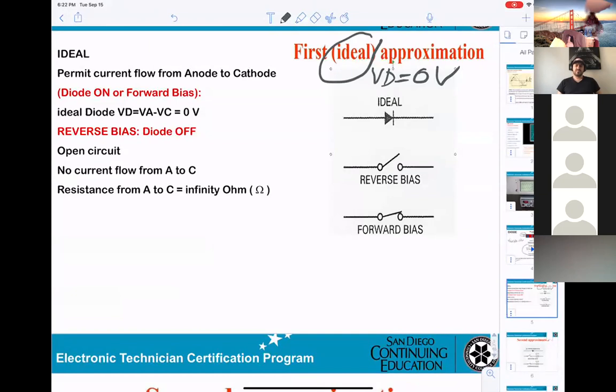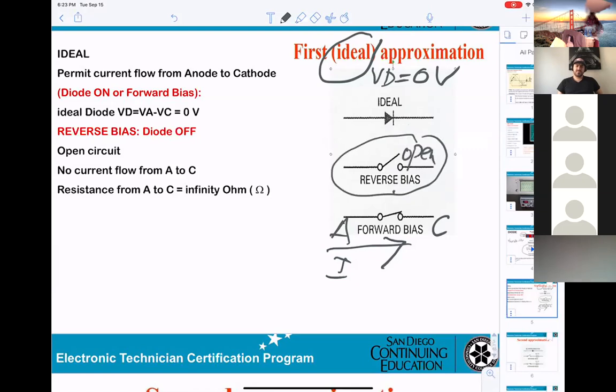So basically, when it's on, it allows current to flow from A to C. When it's off, or reverse bias, it looks like an open circuit, so the current cannot flow.